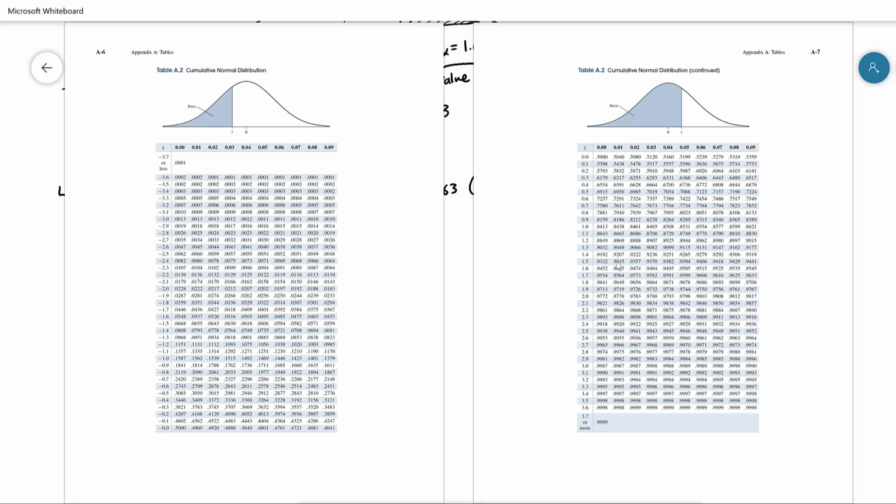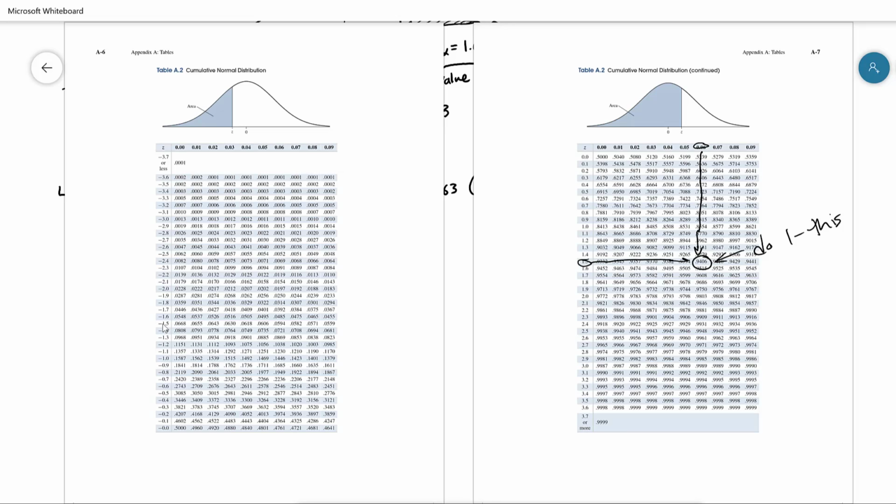Here's 1.56. So there's my number, 1.56 gives me 0.9406, and I can do 1 minus that. So do 1 minus this. Or instead of finding the area to the right of z equals positive 1.56, I can instead find the area to the left of z equals negative 1.56.